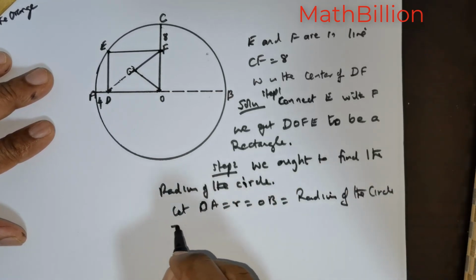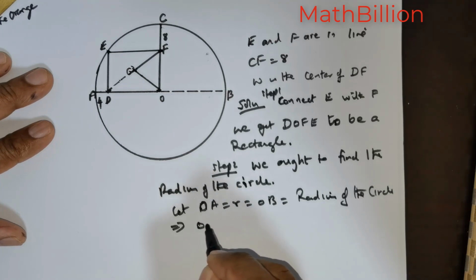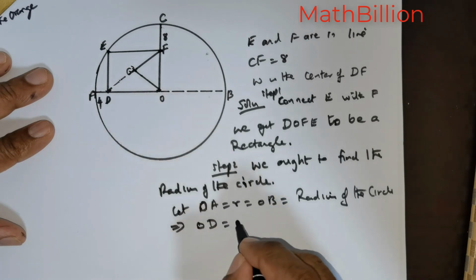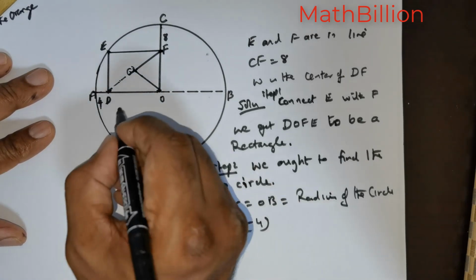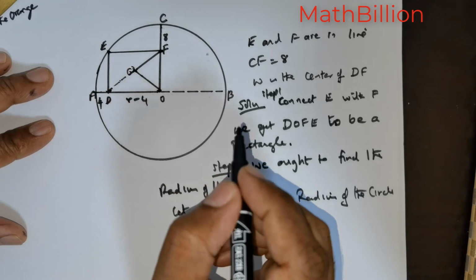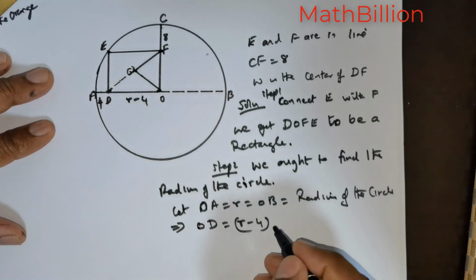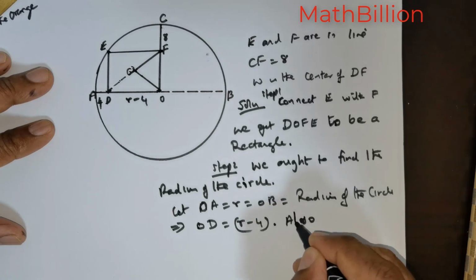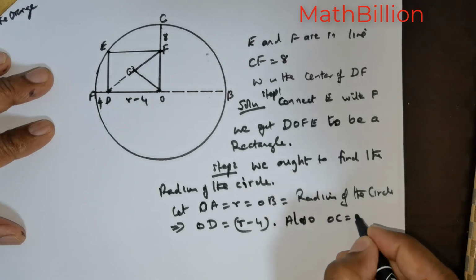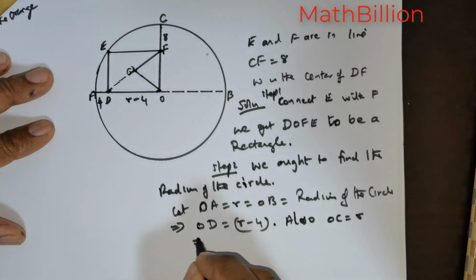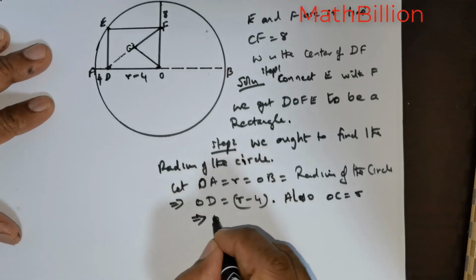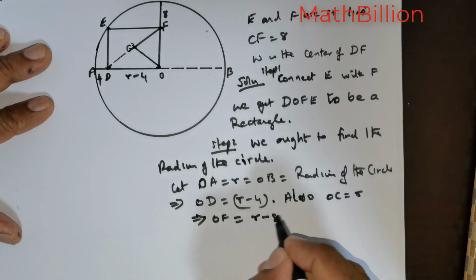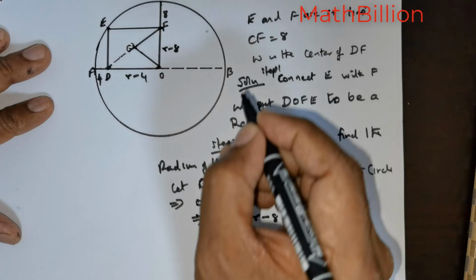So this means OD will be equal to, this entire length is R, so R negative 4. So OD is equal to R negative 4, right? Also OC is equal to R. This would mean my OF is equal to R negative 8. So this is going to be R negative 8.